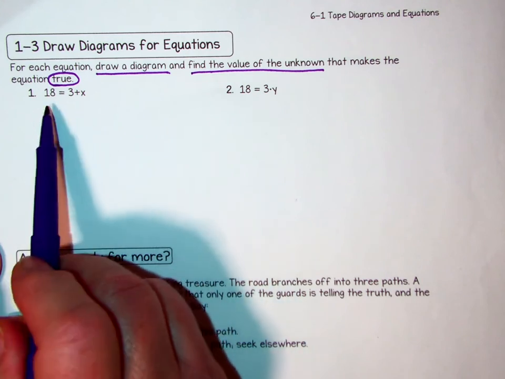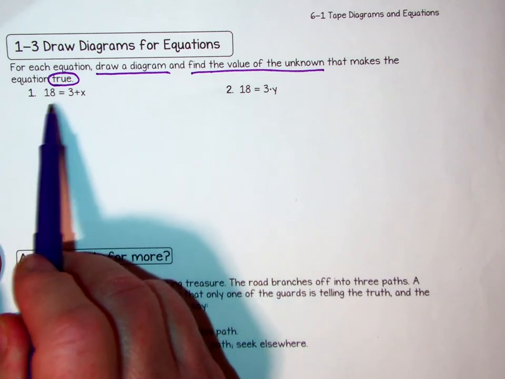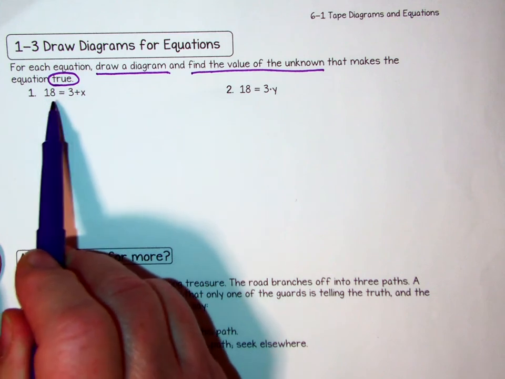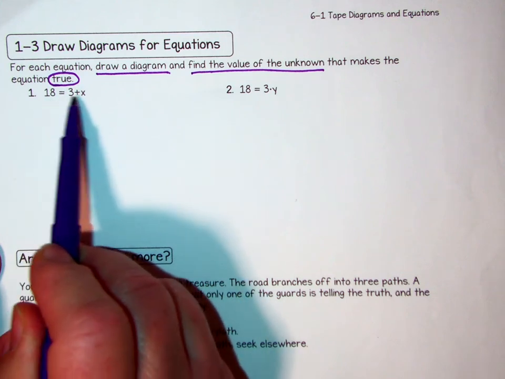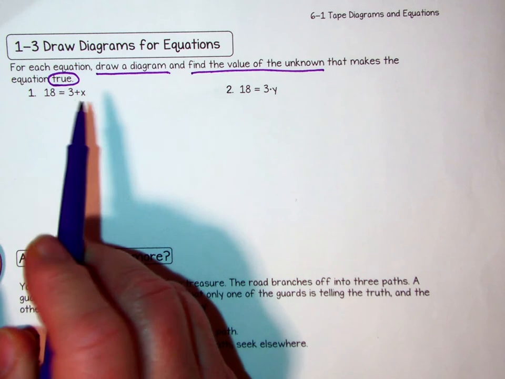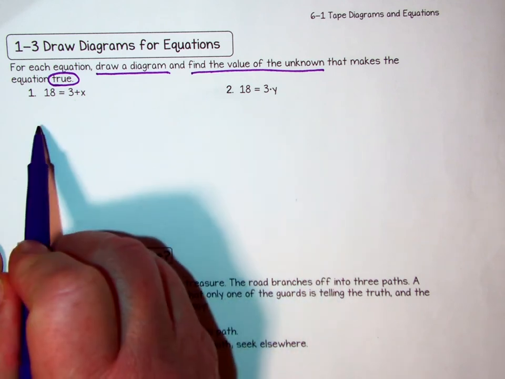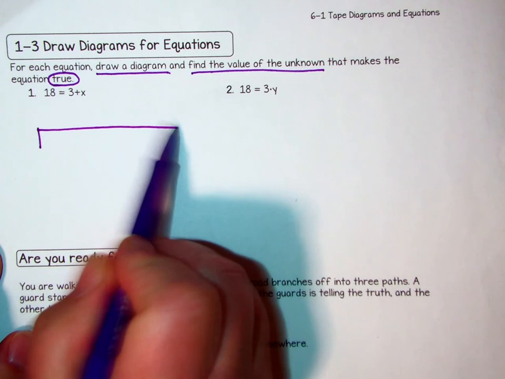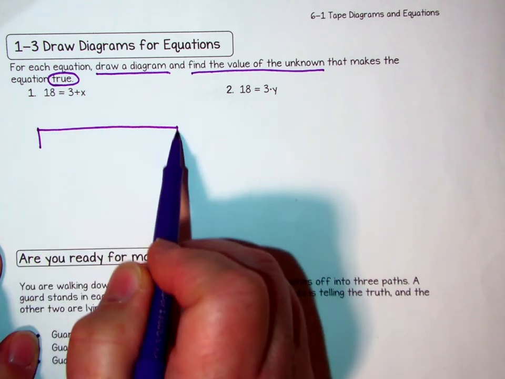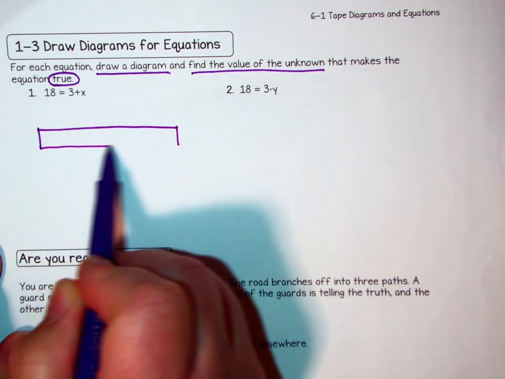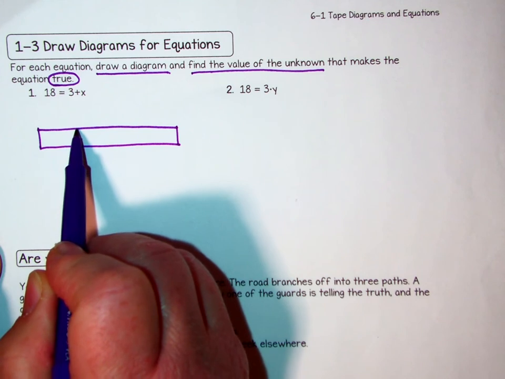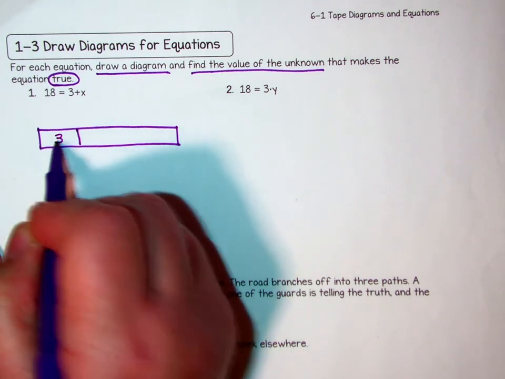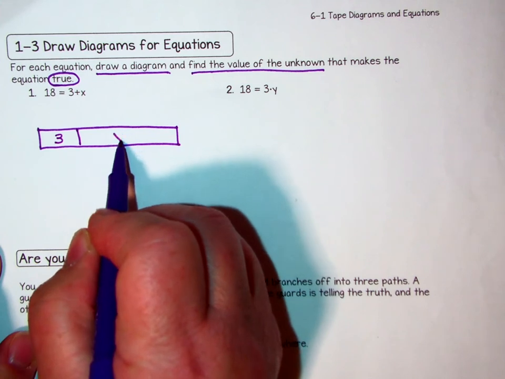So our first one, 18 is equal to 3 plus x. So 18 is my total, and 3 plus x is what I want my tape diagram to represent. There's two terms here, so I need to make a tape diagram that has 2 segments. I'm going to label this one 3, and I'm going to label the longer one x.